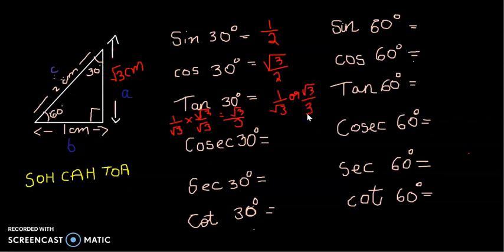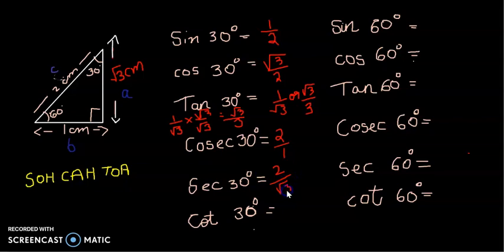Now we find the exact values for cosecant 30, secant 30 and cot 30. These are the inverse trigonometric ratios. Cosecant 30 is the inverse of sine 30, so the inverse of 1 by 2 is 2 over 1. Secant 30 is the inverse of cos 30, so you can write 2 over square root 3.